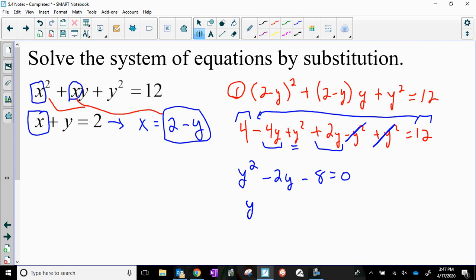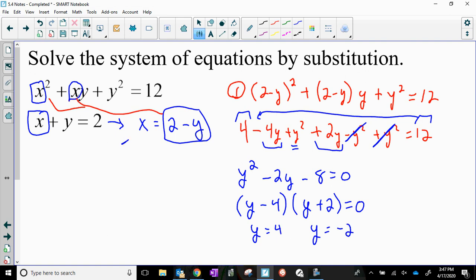So I solve by factoring. If I cannot factor, then use the quadratic formula. That will happen several times in your homework, the worksheet, or the test. So you're expected that anytime you're given a quadratic, you should be able to solve it. So when I finish this, I get what? y equals 4 or y equals negative 2.